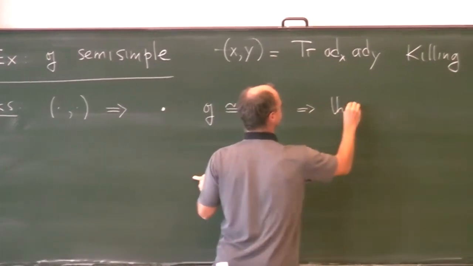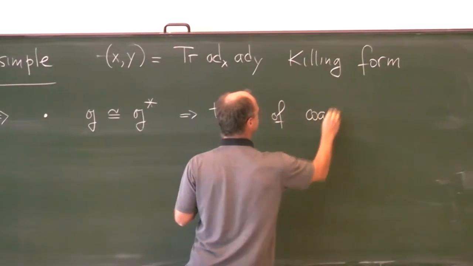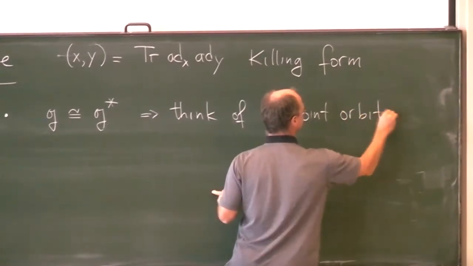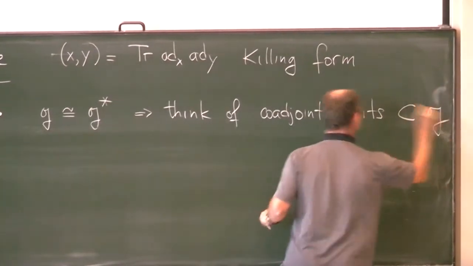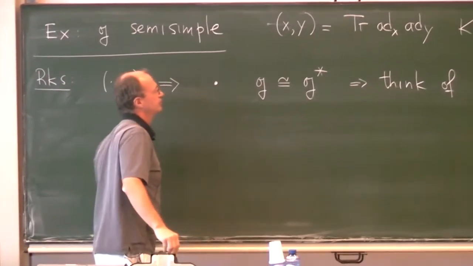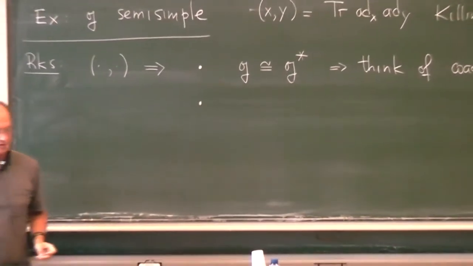So think of coadjoint orbits as being parts of the Lie algebra instead of its dual.